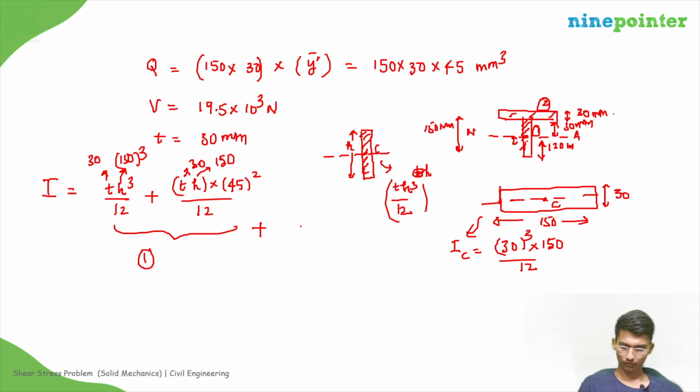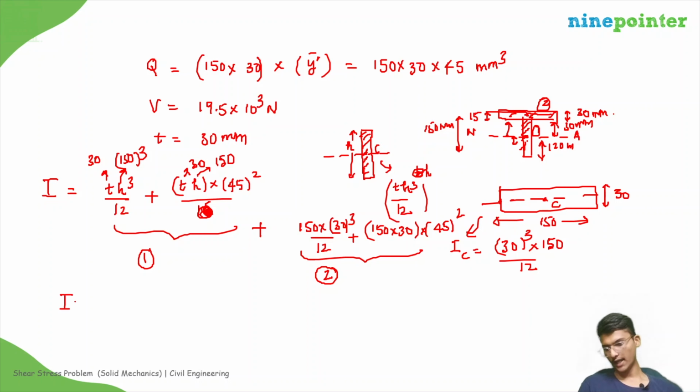So this will be 150 into 30 whole cube divided by 12 plus area, that is 150 into 30, into d square. Here d is 15 plus 30, that means 45 whole square. Sorry, there will be no 12 in this term. So this will be 2.